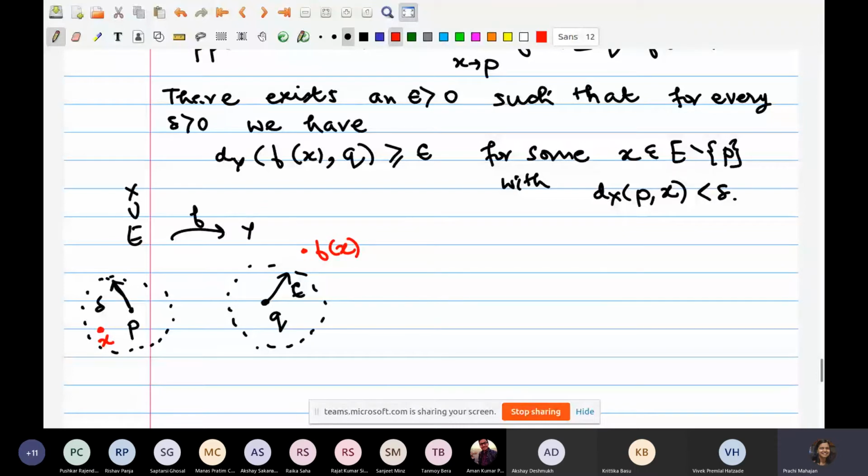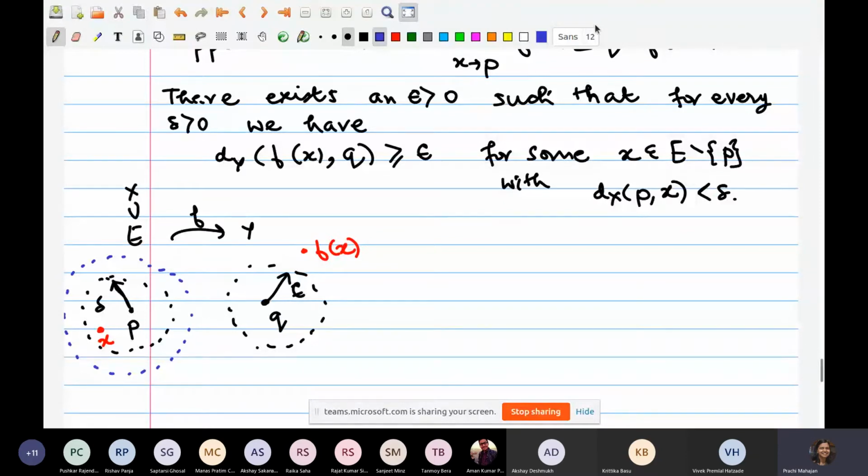Yeah. So this is saying there exists an epsilon such that no matter what delta I choose, I can always find a point in that neighborhood around the point P such that its image is mapped outside the epsilon neighborhood of the point Q. Is that okay?